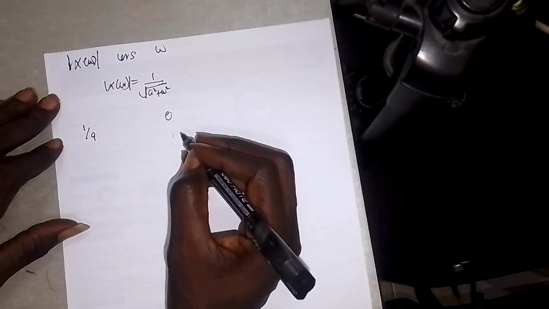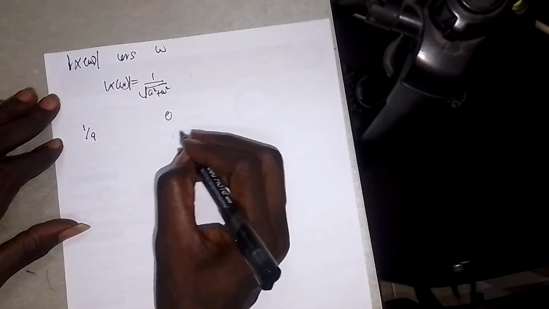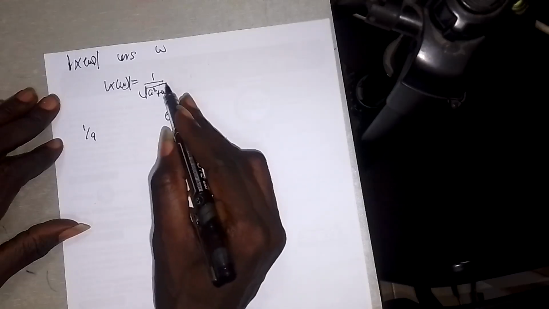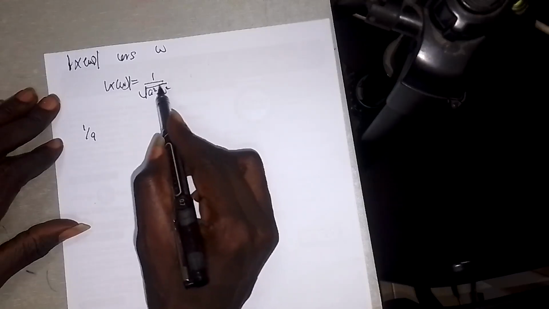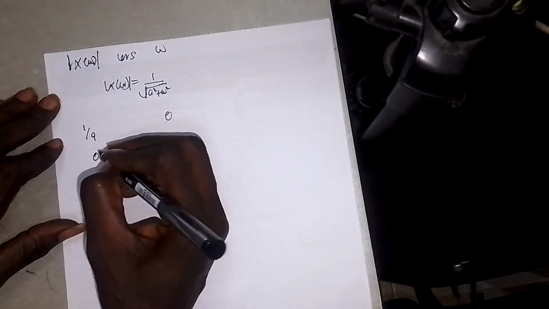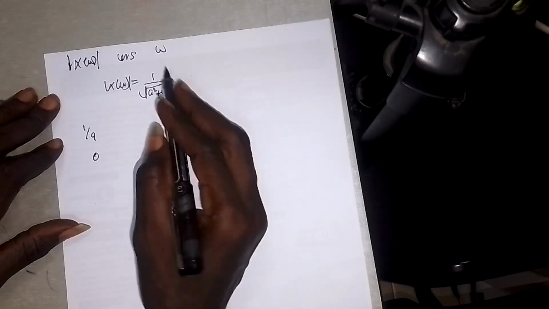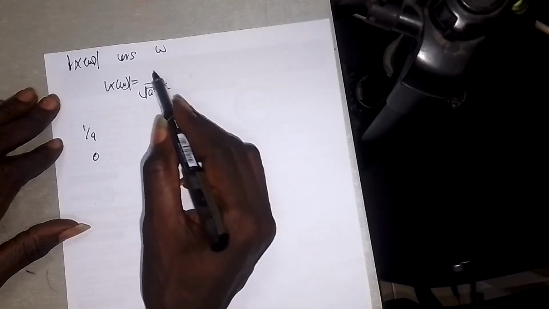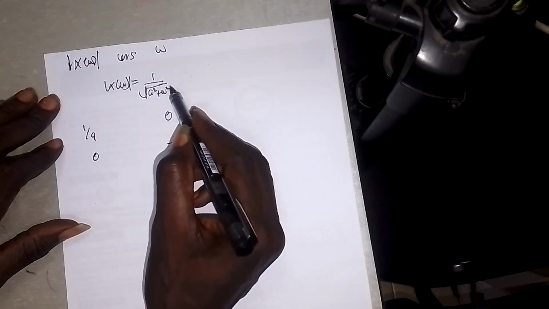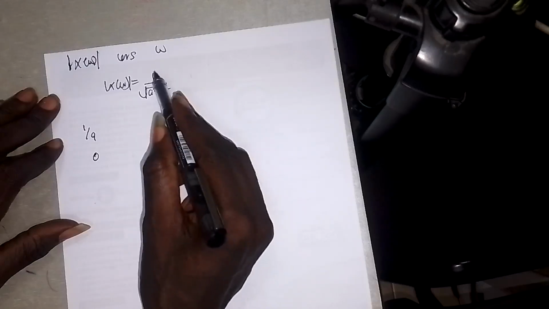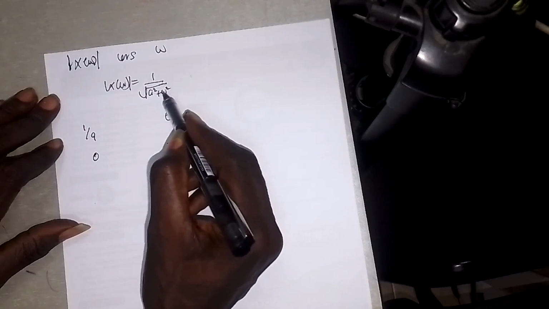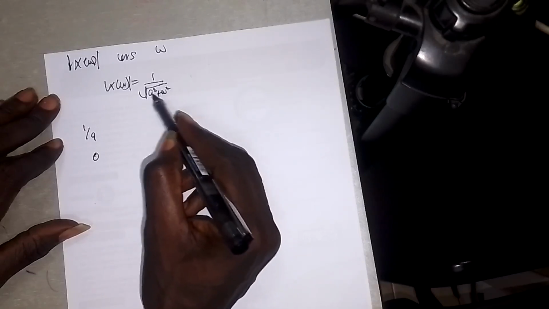Okay, now let's say that omega is minus infinity. Then you have 1 over the root of minus infinity squared plus a squared, which becomes infinity squared.